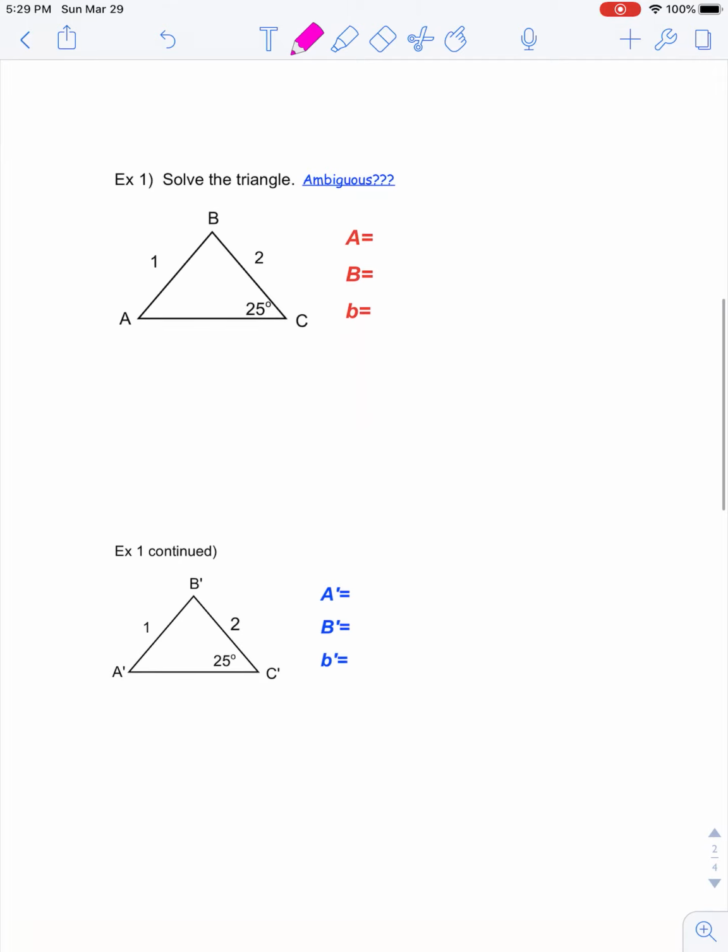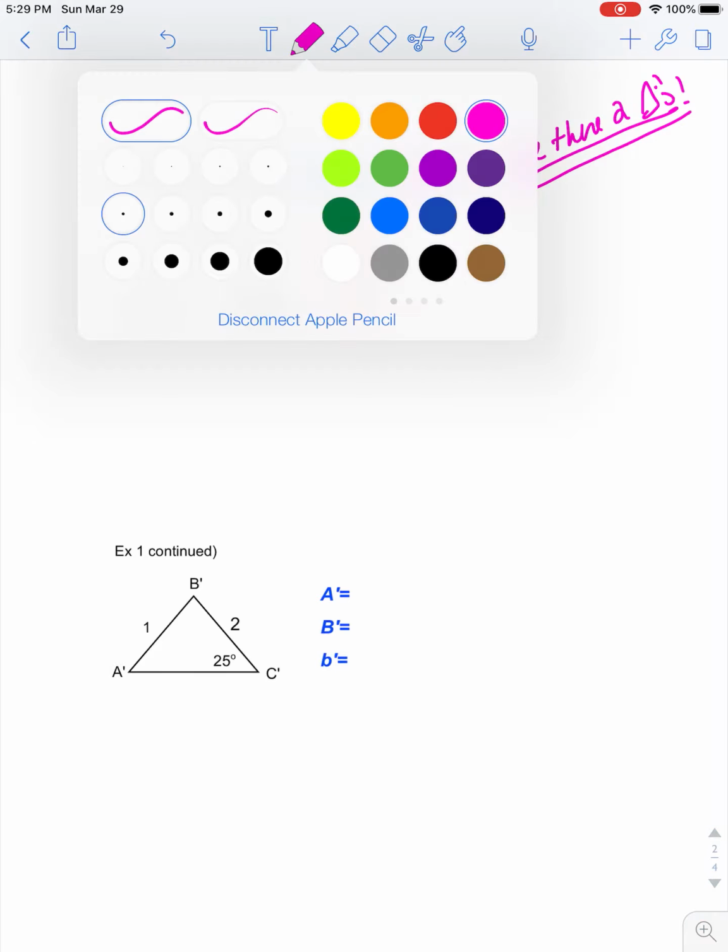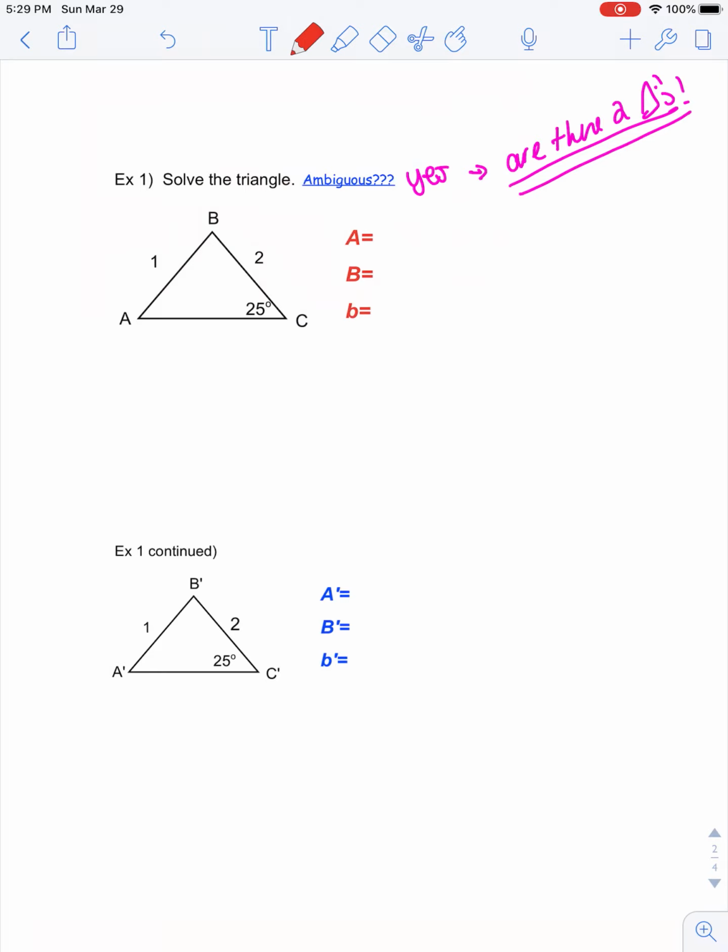Okay, example 1, looking at how we apply this. So here's an example of the ambiguous case. If it is ambiguous, you must ask yourself, are there 2 triangles? So the reason you have to ask if it's ambiguous is so that you remember to check this. Now, in going on with using law of sines, just like we've done in the previous lessons, start with the one piece of information where we know both parts of the ratio.